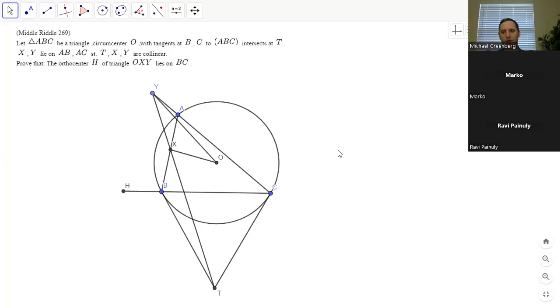So this is our first problem. So yeah, it's a fairly simple configuration. We have a triangle ABC. T is where the tangents at B and C intersect. Okay, H is the pole of XY.